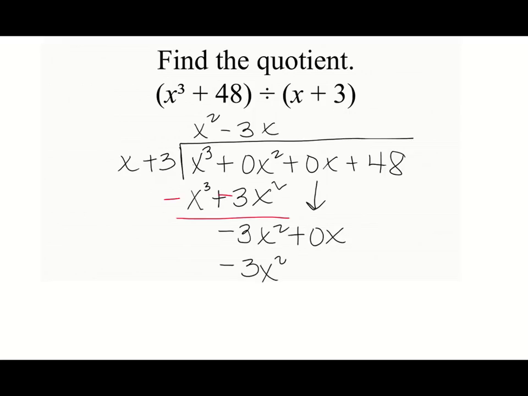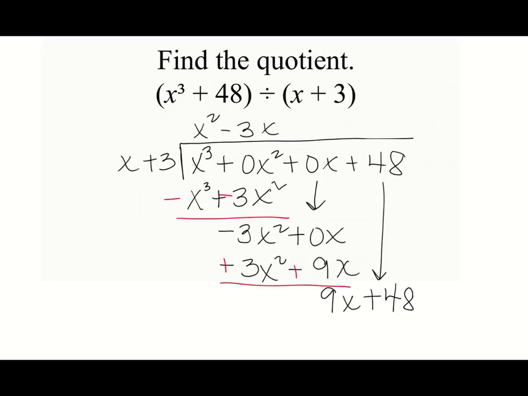Negative 3x times 3 is negative 9x. And we draw our line, change our signs. Add them up, negative 3x squared plus 3x squared is 0. And 0x plus 9x is going to be 9x. Drop down our plus 48.